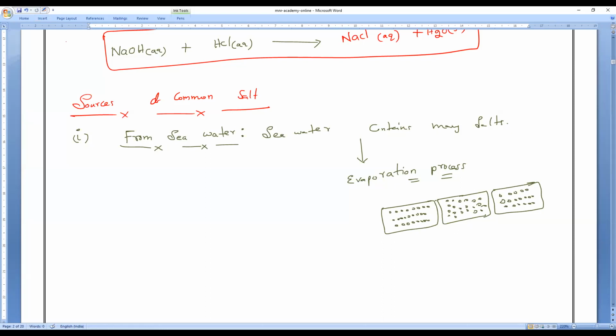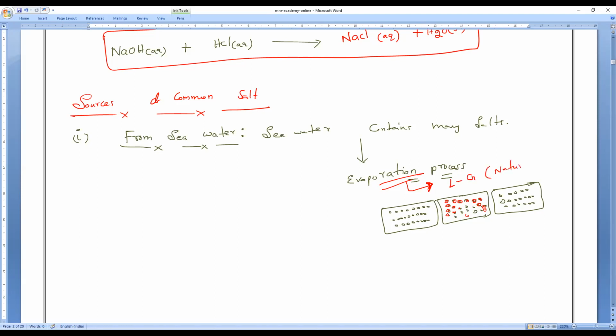These are extremely humid regions, and there we expose the sea water to the sun so that evaporation is carried out. Remember, in 9th class chapter 1, Matter Around Us, evaporation means converting liquid state to gaseous state.